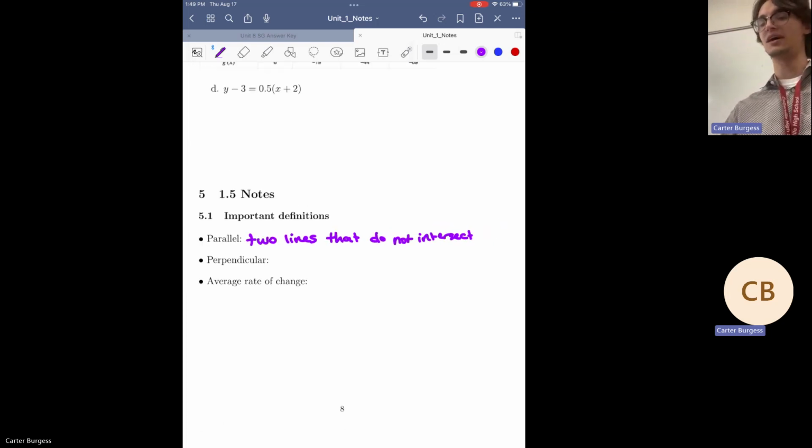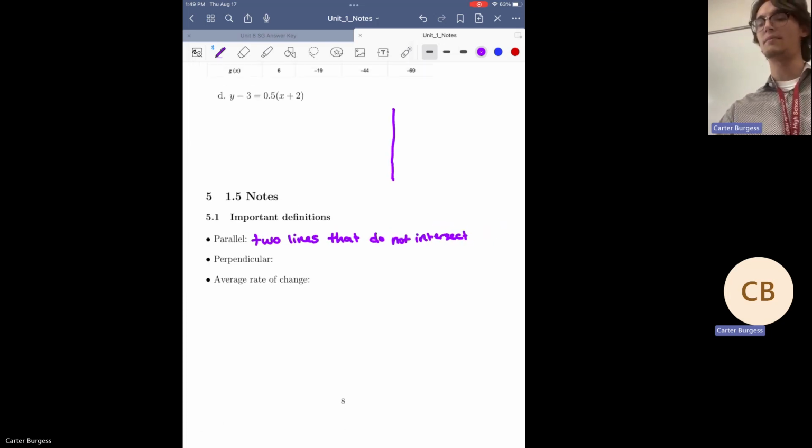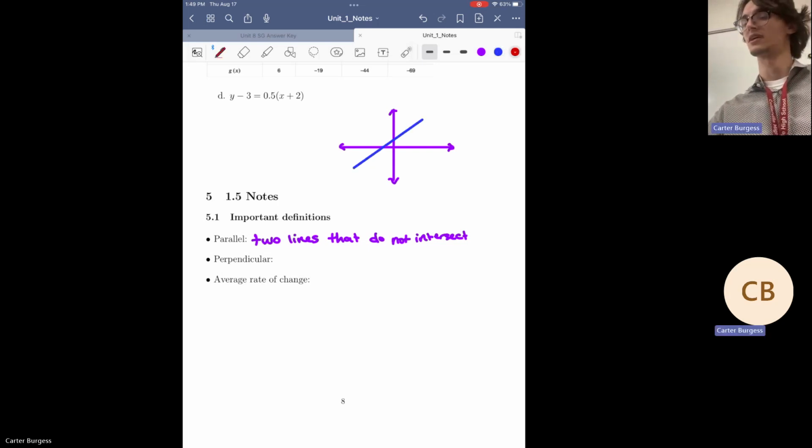And if I have two lines that do not intersect, what must be true about both of those lines? What do we know about two lines that don't intersect? Okay, they are always equidistant.